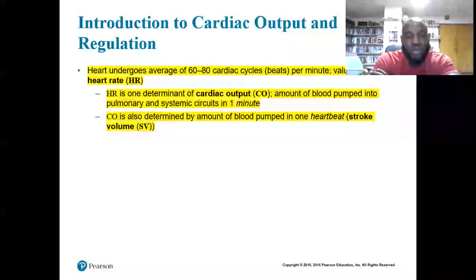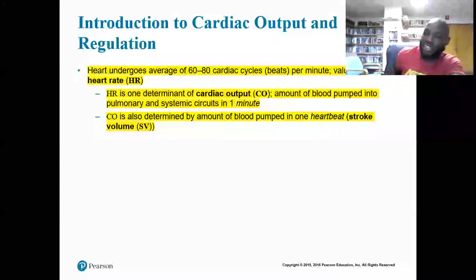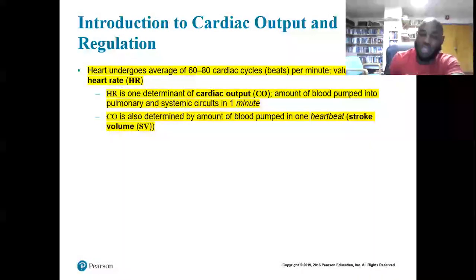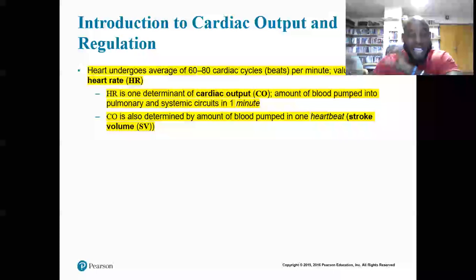All right, so that value, that 60 to 80 beats per minute, is known as your heart rate. Heart rate is one determinant of cardiac output, and that's a very important term that we want to discuss. Cardiac output is the amount of blood pumped into the pulmonary and systemic circuits, both, in 1 minute. So basically the amount of blood pumped out of your heart in 1 minute.